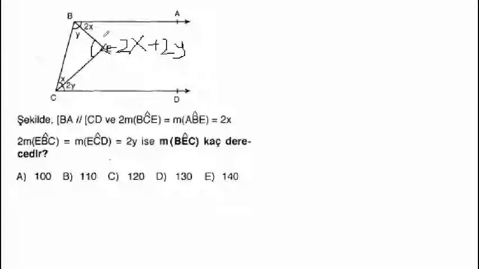Before we reach the answer, we need to find the sum of interior angles of triangles, which is 3x plus 3y equals 180. So now we need to find x plus y. We find it by dividing 180 by 3, which is 60.